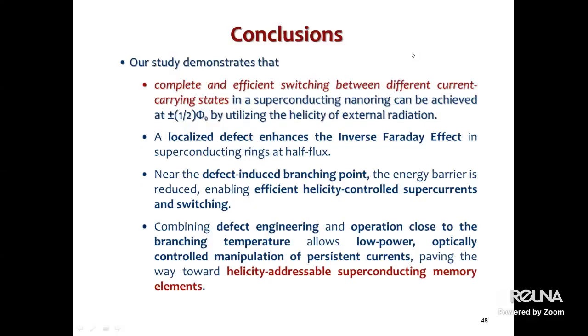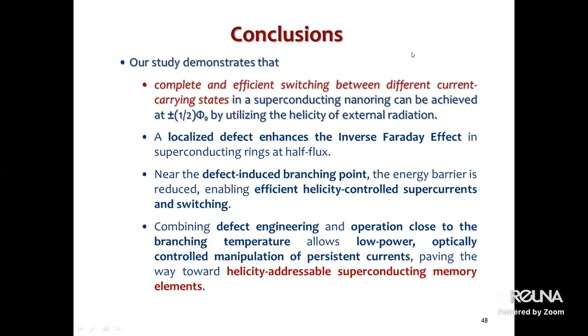But if we go below the branching point, depending on the strength of the defect, it can be 0.8, it can be 0.9, so quite deep inside the superconducting state region, then the switching is recovered again. Moreover, it provided us with some advantages, and one of them is that the switching time increases. So in any situation, if we are below the branching point, switching is present.